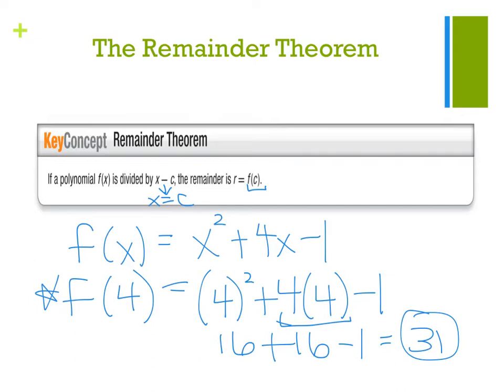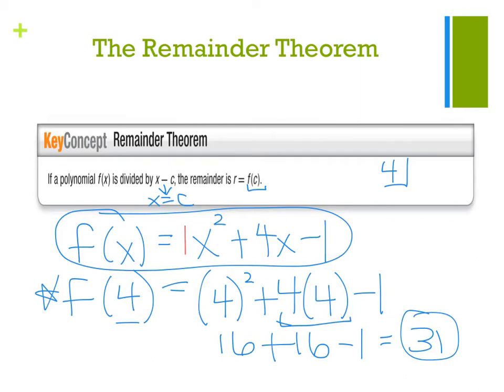So if I wanted to take this polynomial function, f of x, and evaluate it at the x value of 4, another way I could do that is by using 4 as my divisor. 4 is my divisor, and I use the coefficients of my polynomial function, 1, 4, and negative 1.